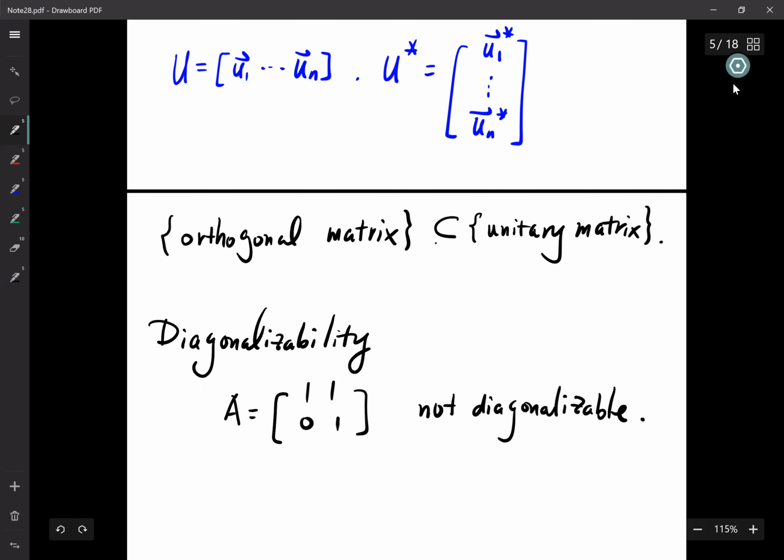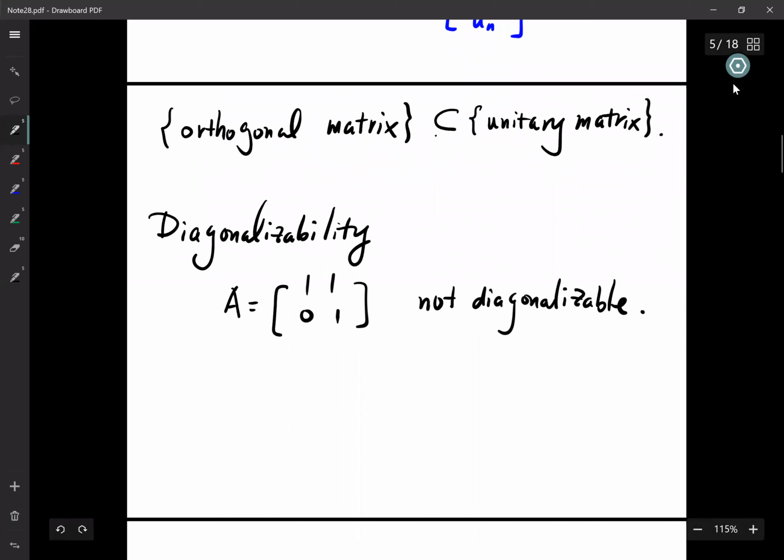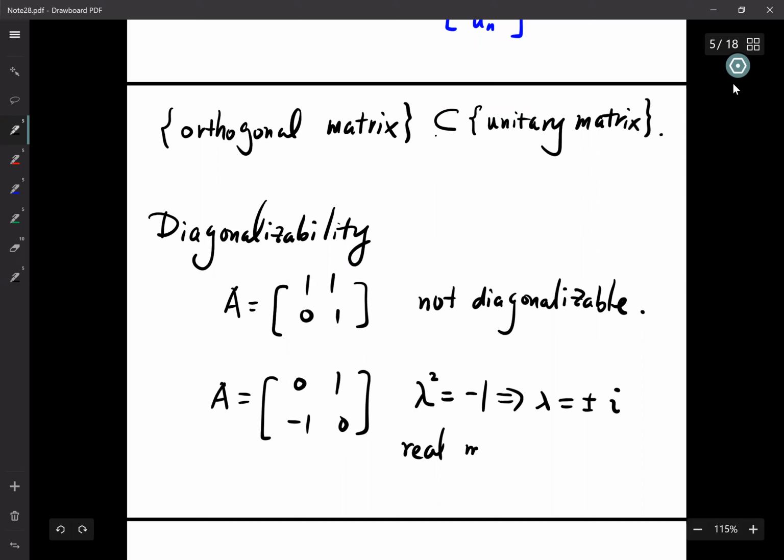There are some other cases where I have A to be [0, 1; -1, 0]. Everything seems to be perfectly real, but the eigenvalues are lambda squared equal to -1, or lambda equal to plus minus i. So this is a real matrix, but the eigenvalues and eigenvectors are complex.